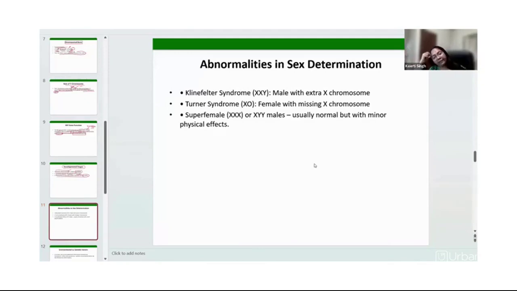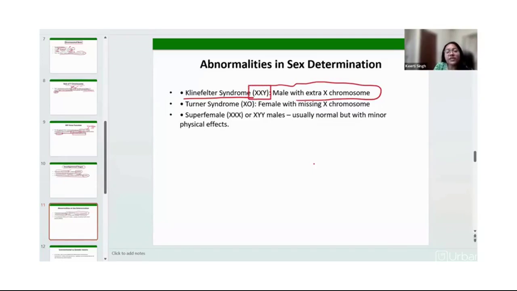So it may happen that in some cases there is some kind of anomaly, right? So what happens in the case of Klinefelter syndrome? A male is born with an extra X chromosome. It means the genetic constitution of that particular male is XXY.